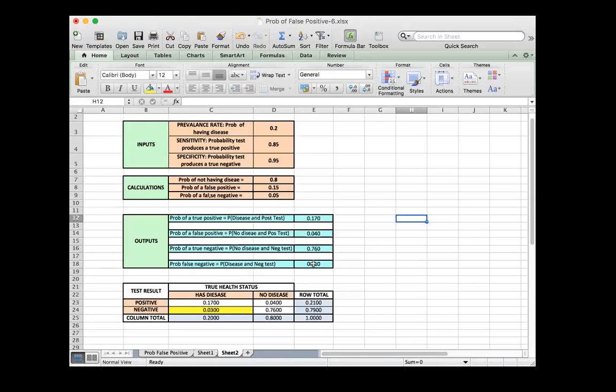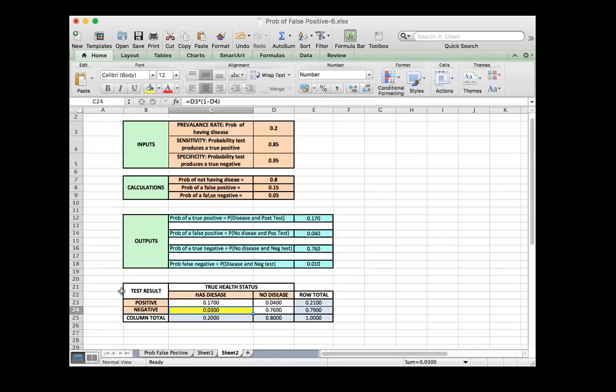This is, let's see, what is this? 0.3 is equal to D3. D3 is 0.2 times 1 minus D4. Test produces a true positive. So are those the numbers you want us to use?